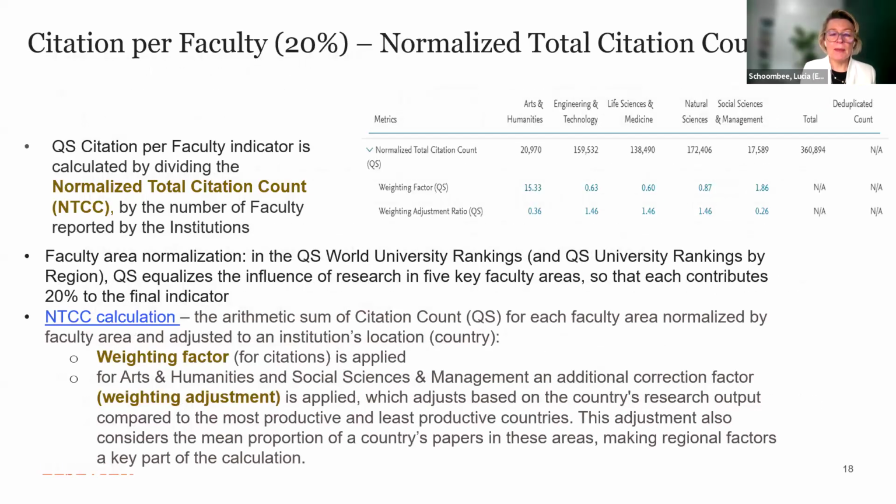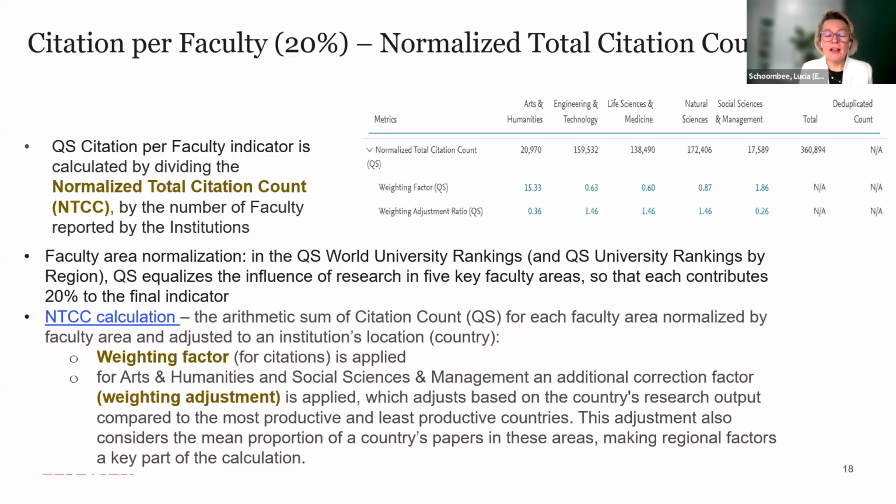And here, the main metric that has the biggest weighting is the citation per faculty. So it's a normalized total citation count that is used. And this indicator calculates by dividing, so it takes the number of citations per faculty. It normalizes the total citation count by the number of faculty reported by the institutions, right?